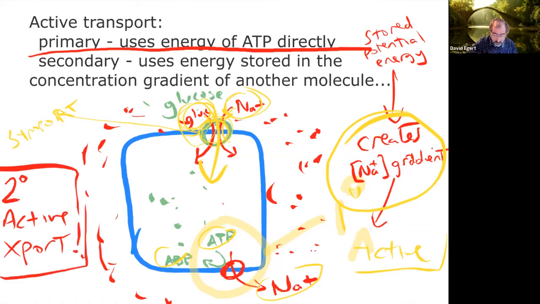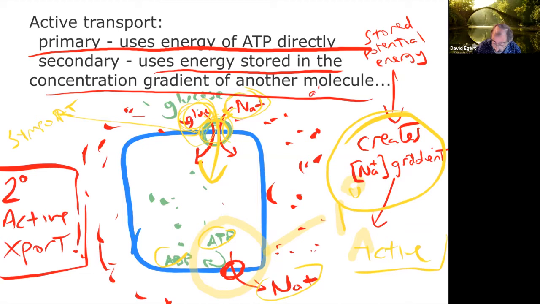Secondary active transport uses the energy stored in the concentration gradient of some other molecule, along with the symport. Does that make sense? We created a gradient using primary active transport, but then we can use that gradient with this symport to drag in the glucose, which doesn't want to come in on its own.